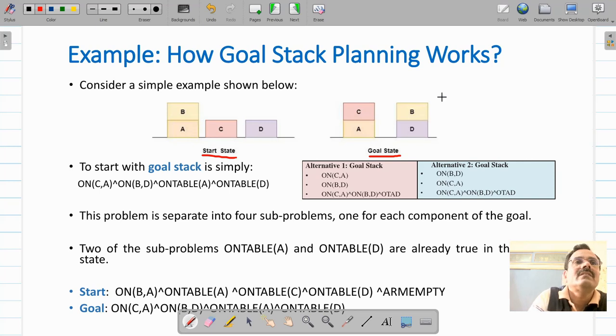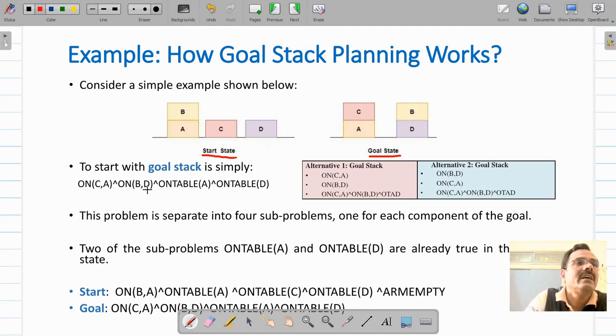Your system has to achieve this goal state where you will have block A on table and block C will be on block A, and block D is on table and block B will be on block D. So you can put it in predicate form in this way.